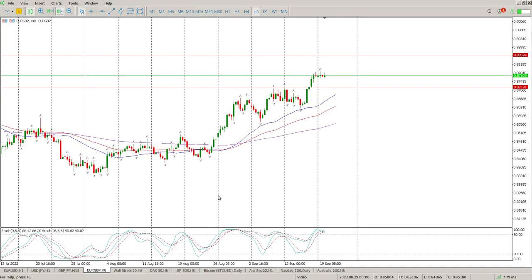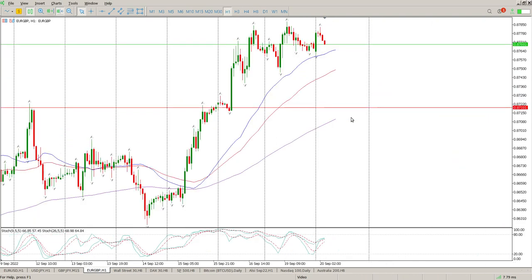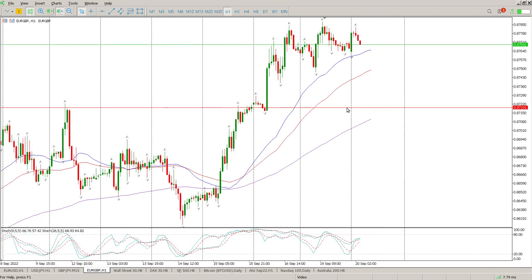Euro British pound. We've been going sideways. Oscillators all gripped to the upside. Don't really want to be long there. I'm looking for a pullback onto structure before buying into this, and that structure is down here at 0.87192, sorry, 0.87191. There was divergence here, ever so slight.